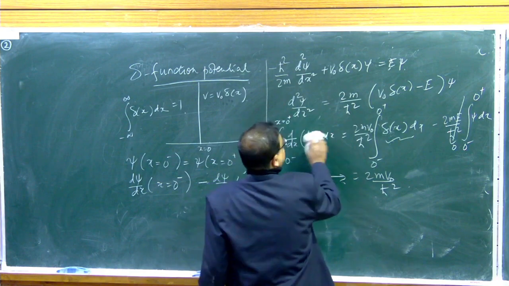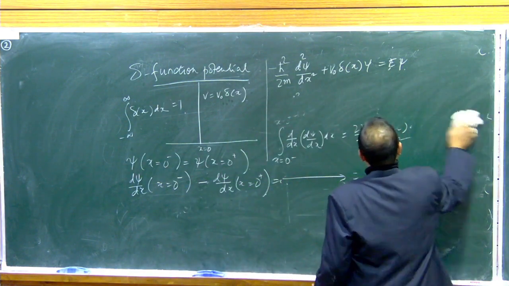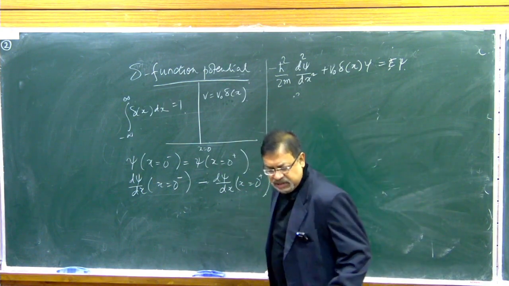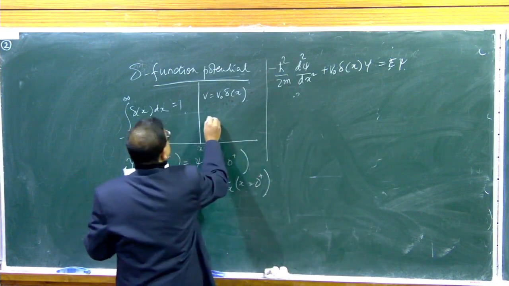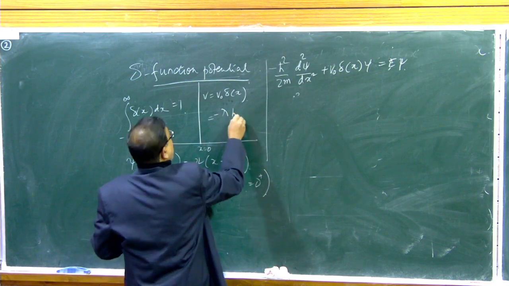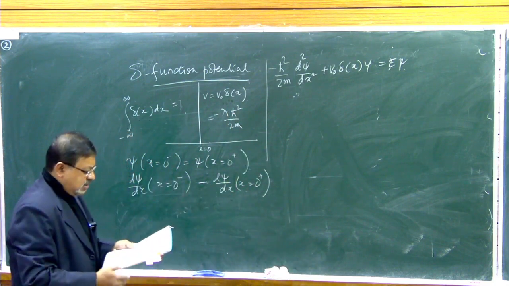So we'll do this delta function problem. I just redefined the scale that V naught, let me take an attractive delta function. So it's minus lambda h cross square by 2m, just to get rid of all these other things.